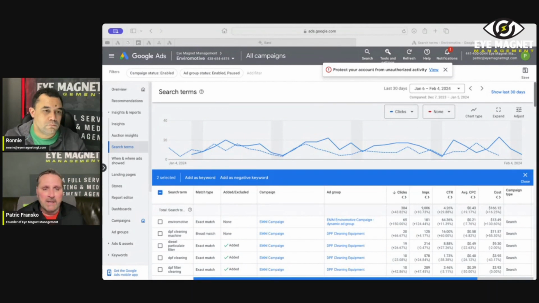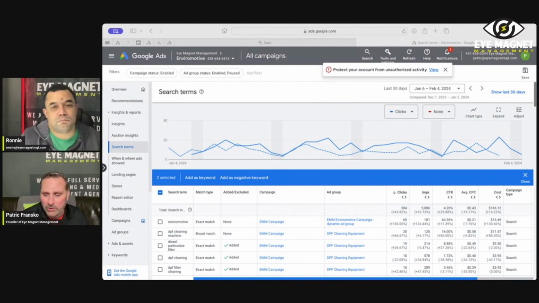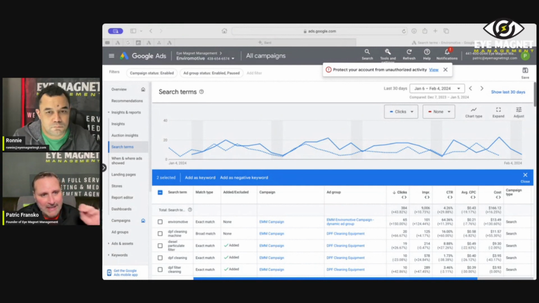So every time you set up your keywords, part of maintaining AdWords, and for some of our clients we're doing this every single day or every single week, is going into these search terms and constantly monitoring what their ads are showing for. You're weeding it like a garden, saying, that's not a relevant keyword, that's not a relevant keyword, and adding those to the negative keywords.